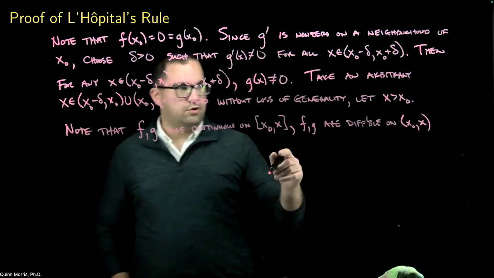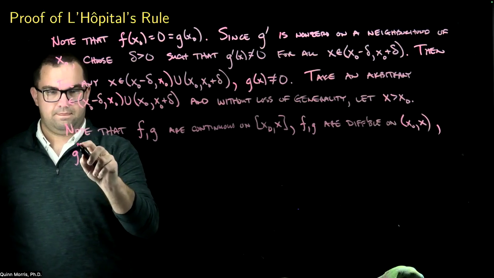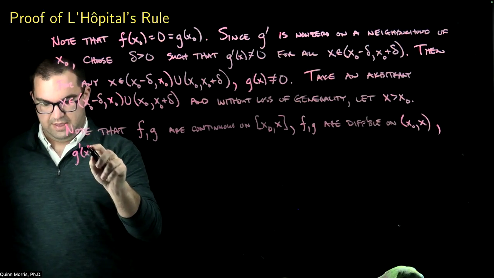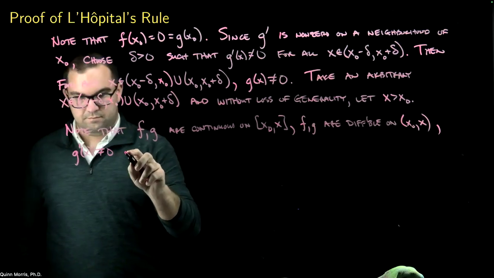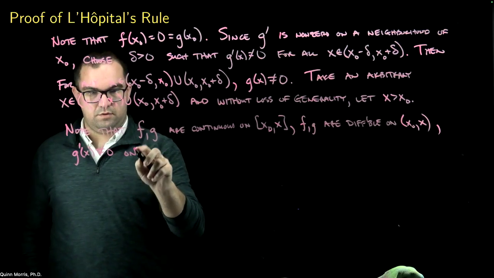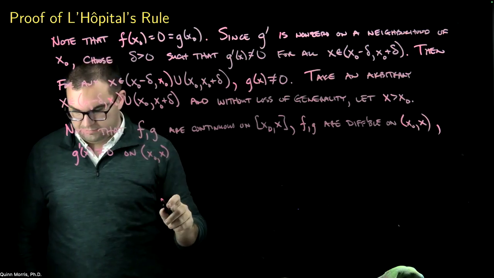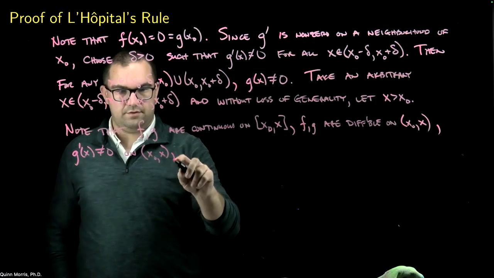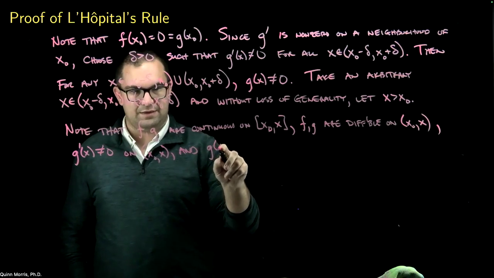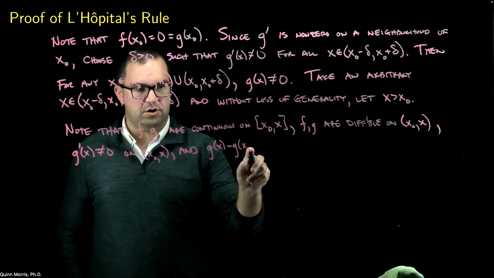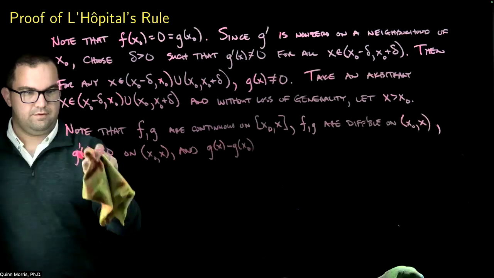Okay. Notice that g prime of x is not equal to 0 on, in this case, x naught up to x. And if I look at g of x minus g of x naught, and sorry here, I should not use x here. x is going to be an arbitrary value in there.